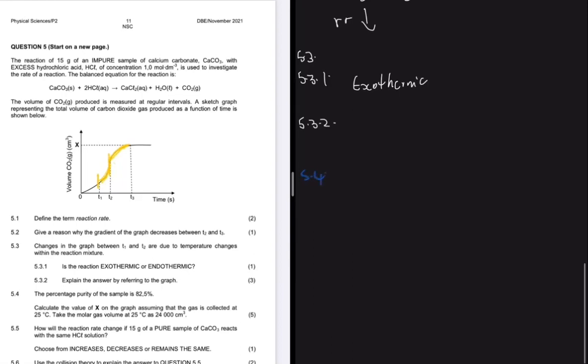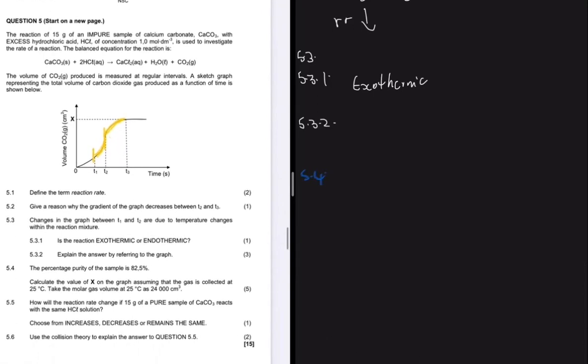And then let's move ahead and go to 5.4. 5.4 says the percentage purity of the sample is 82.5%. Calculate the value of X on the graph, assuming that the gas is collected at 25 degrees Celsius.